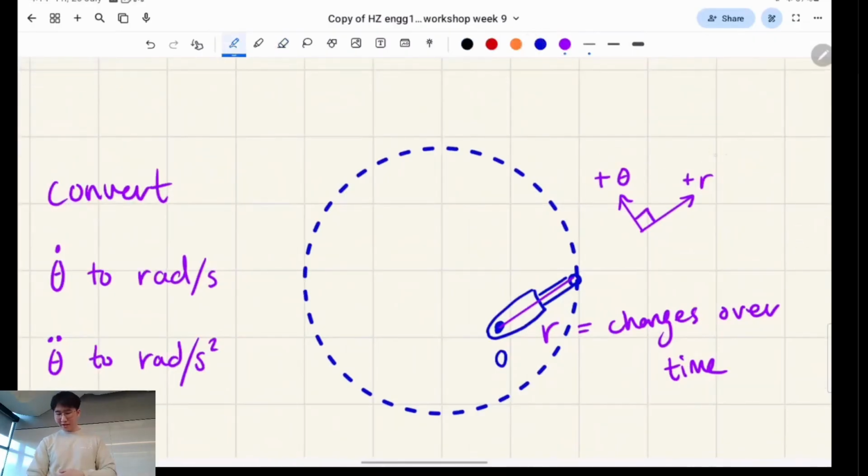The radial direction is parallel to the robotic arm, for example. So the radial direction is just in line with that, and then theta is perpendicular to that. That's how it works, right?